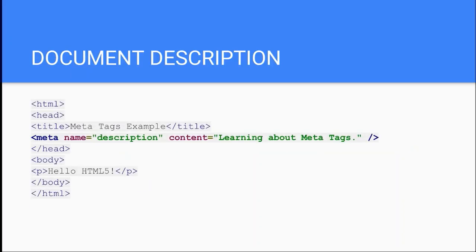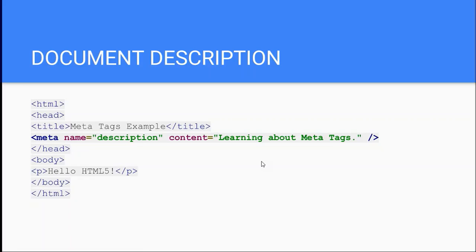Let's talk about the meta tag document description. You can see a code here that is starting with HTML and ending with HTML, with the head, and the meta tag belongs to the head tag. So we gave a name here, and we gave a value, it's a description. The content is learning about meta tags. That's it.